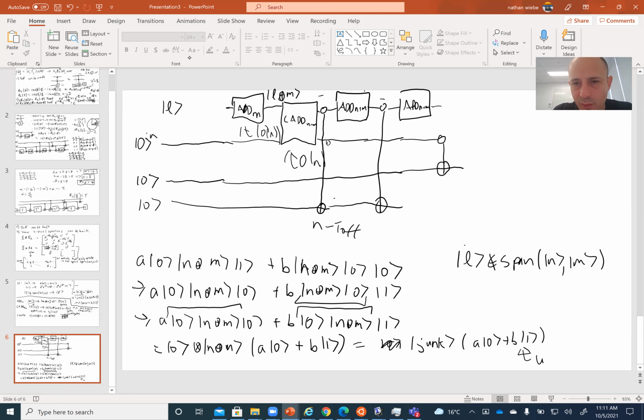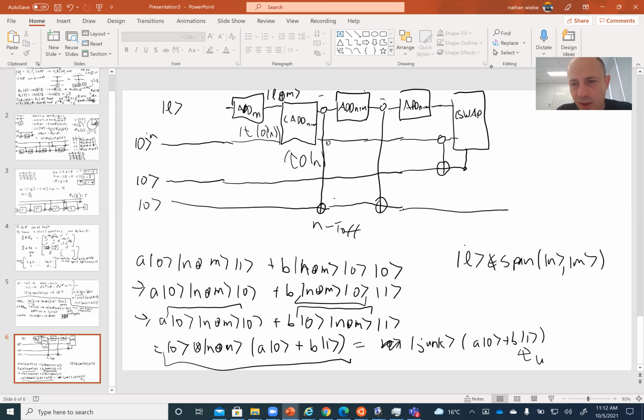Then we've effectively got our quantum state, and we now just need to do a controlled swap in order to implement this transformation.